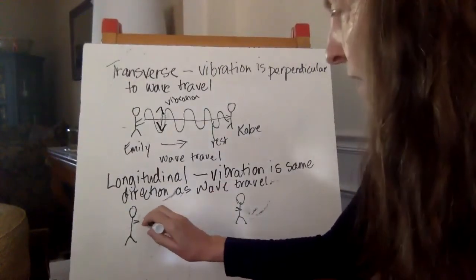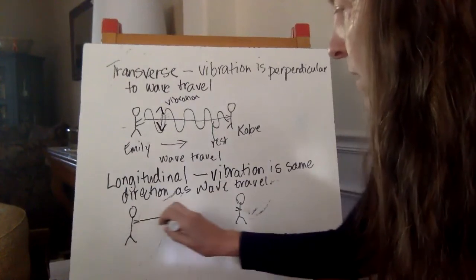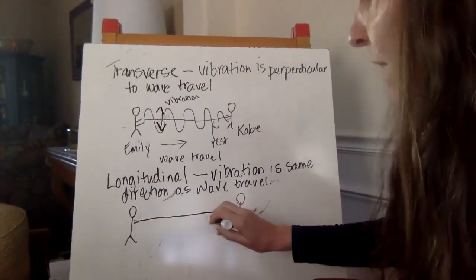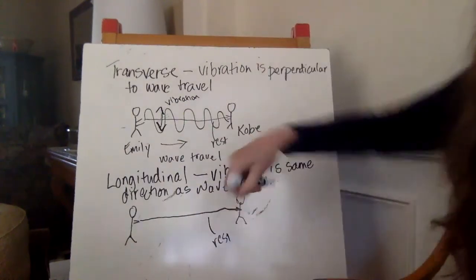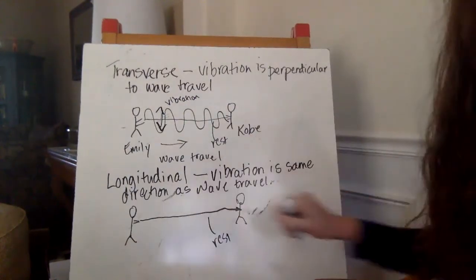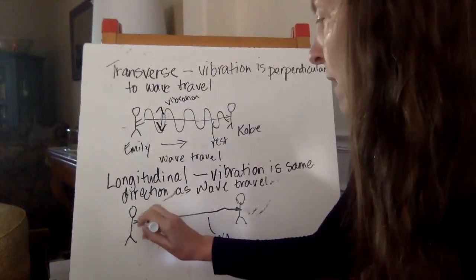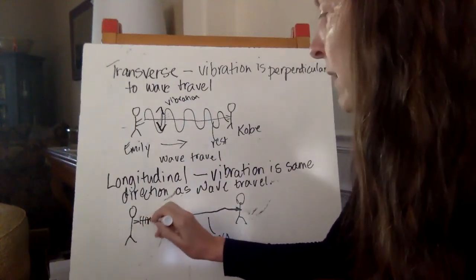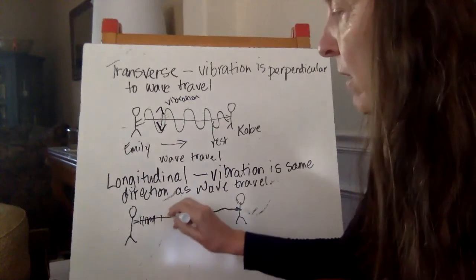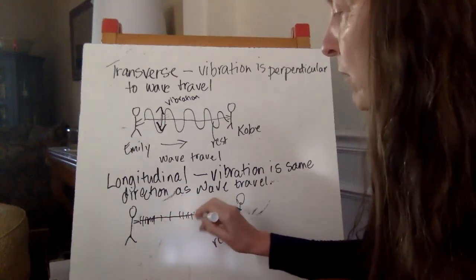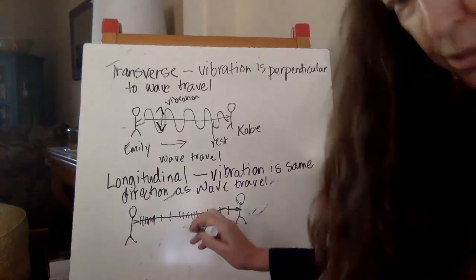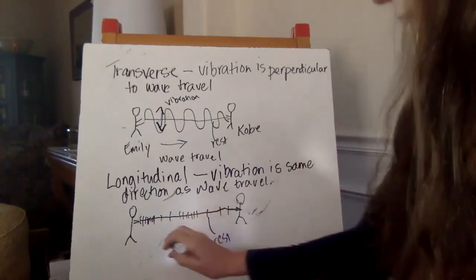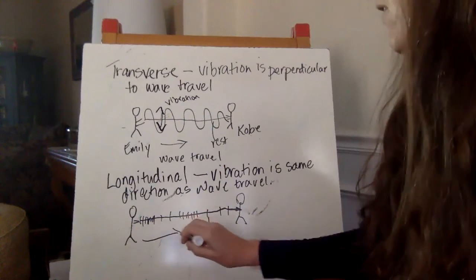And this time, here's the rest again. But instead of going like this, she sends a pulse. She pushes and pulls it. What would happen is we'd have the slinky close together, and then the rings are far apart, and then close together and far apart. That sends like a pulse toward Kobe. Wave is traveling still this way.